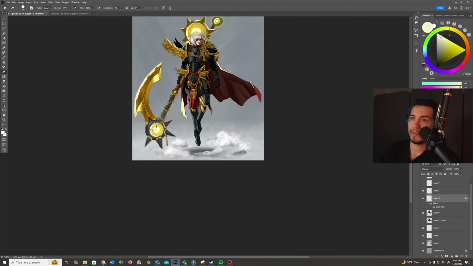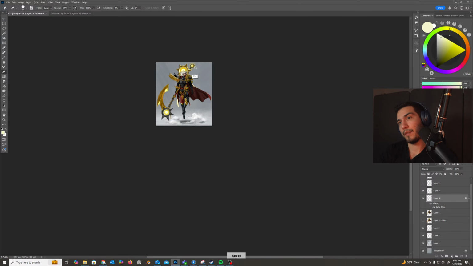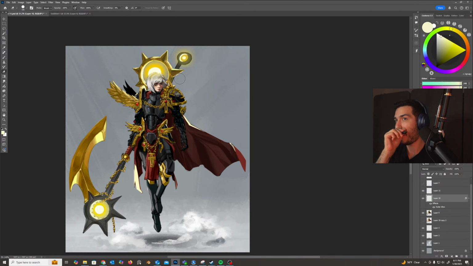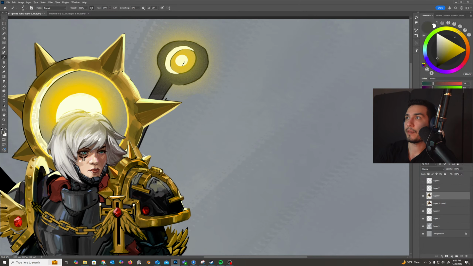However, though I don't mind it, let's think about this. You know what? I'm just gonna keep the idea simple because I feel like we're competing with too many things with the glowy scythe. So let's just keep it simple at this point.